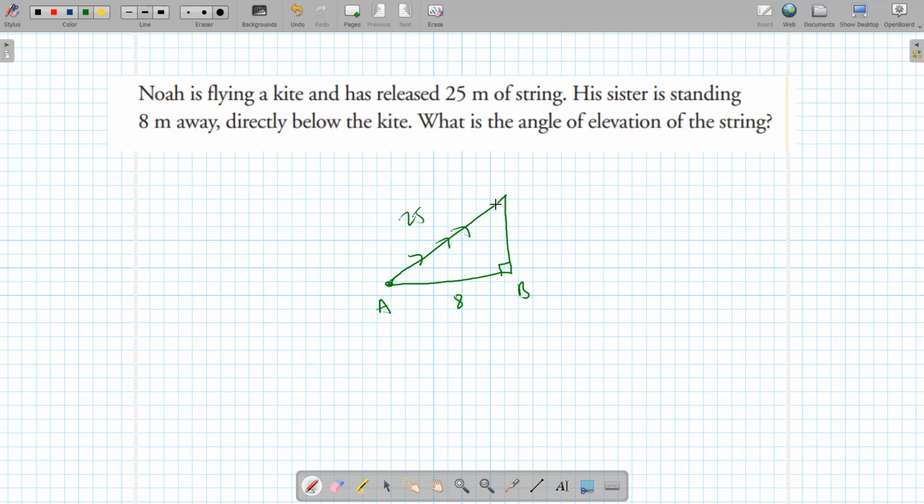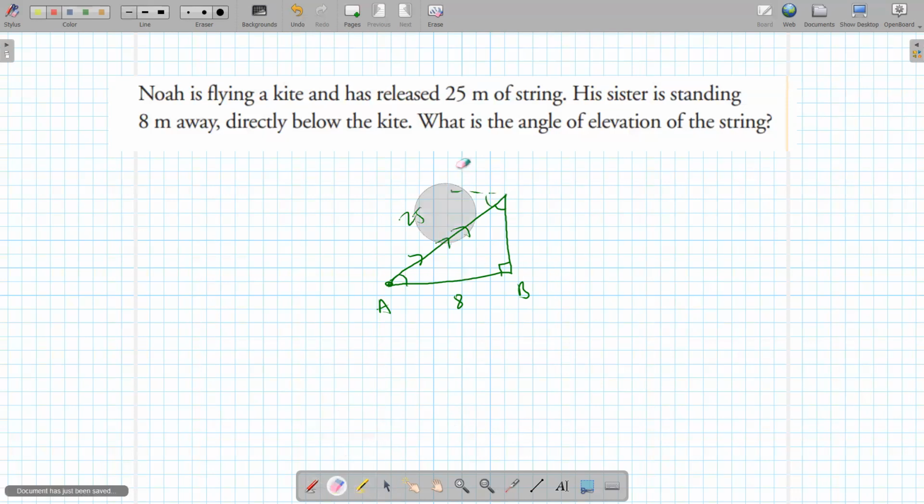So is it this angle up here, or is it this angle down here? Angle of elevation. It's A. Yeah, it's A. Right, the one up there, that's nothing. That's not even the angle of depression. The angle of depression would be here.